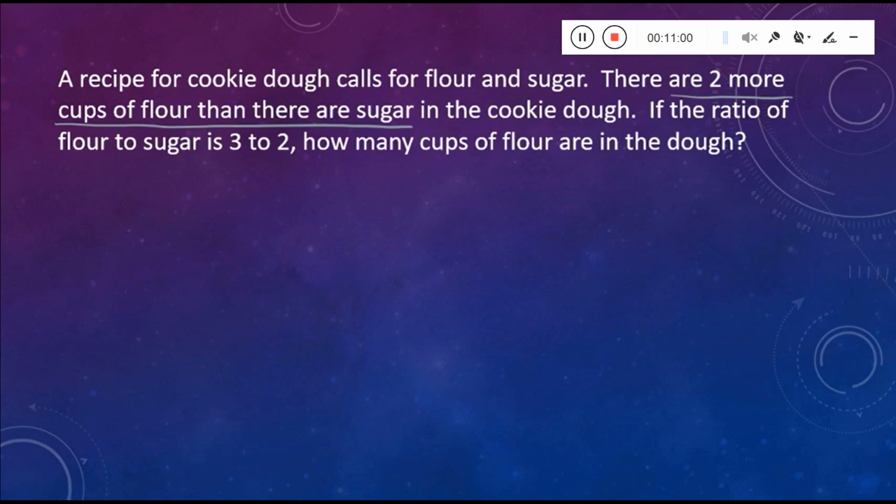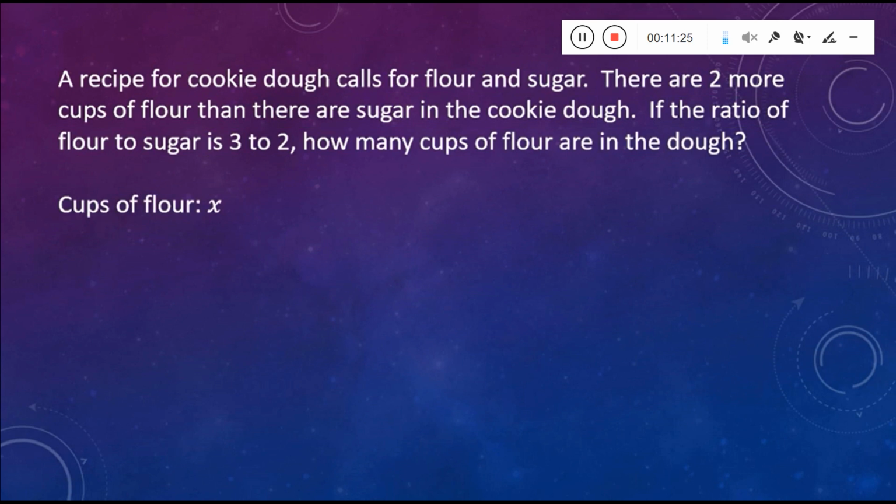As you can see, we underline there are 2 more cups of flour than there are sugar. And the other key piece of information that we have here is that the ratio of flour to sugar is 3 to 2. So here I chose to let x stand for the number of cups of flour.